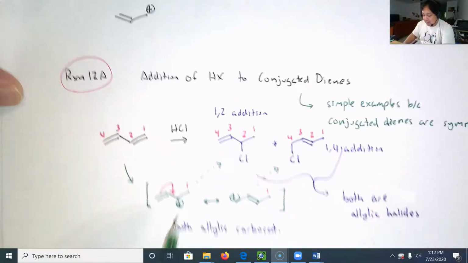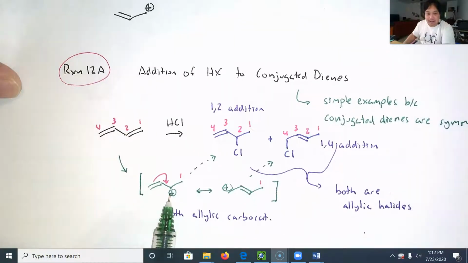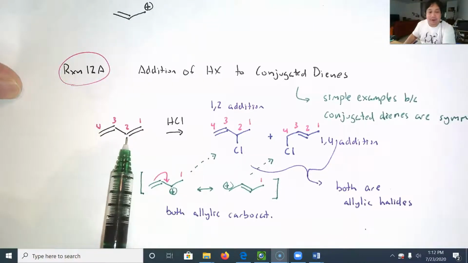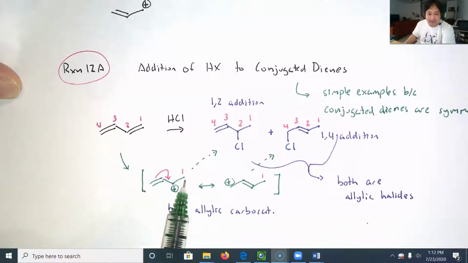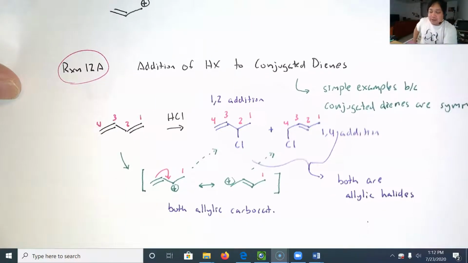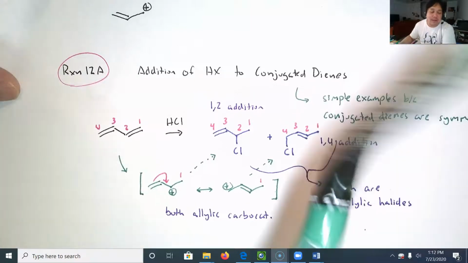This was the more stable carbocation because it's secondary allylic. I could have put the carbocation right here, if the H goes on carbon number 2, but that's only primary. Markovnikov, when it comes down to it, is really just telling you what carbocation to make. You make the more stable carbocation.